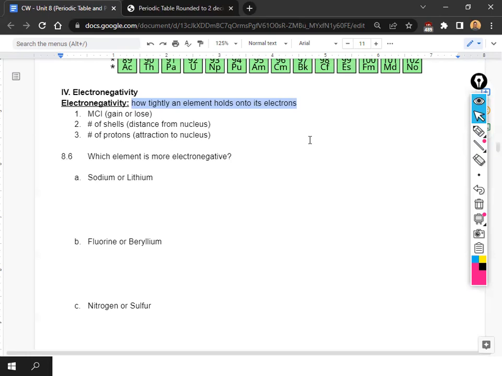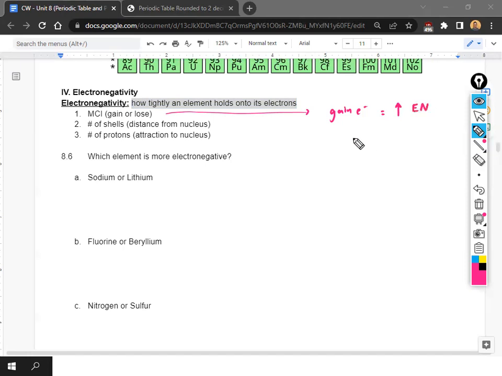So go for the MCI. If it wants to gain electrons, that's going to increase the electronegativity. But if it wants to lose electrons, it's going to decrease the electronegativity.